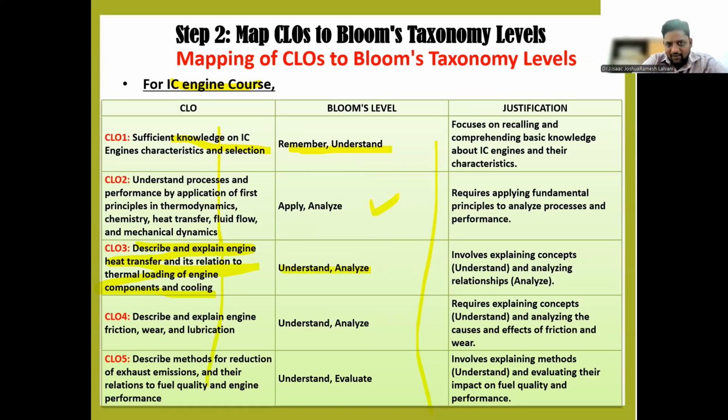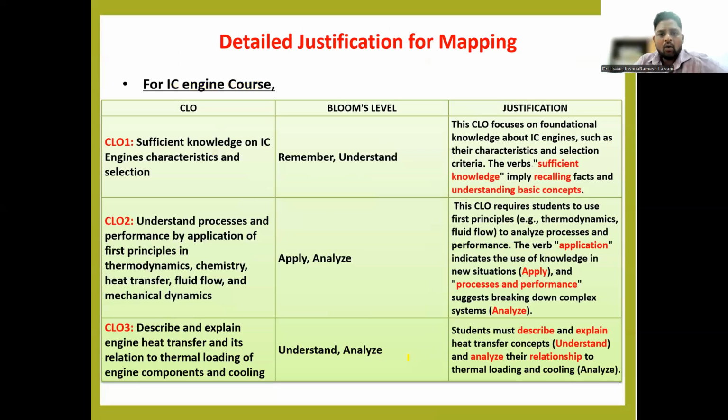Like that, I have written the different Bloom's levels. How did I write this? That is the important thing you have to understand: you have to do it for each course learning outcome of your particular subject. In the next slide you can see how I wrote remember and understand, apply, analyze, understand, analyze. Take the first course learning outcome, sufficient knowledge on IC engines, characteristics and selection.